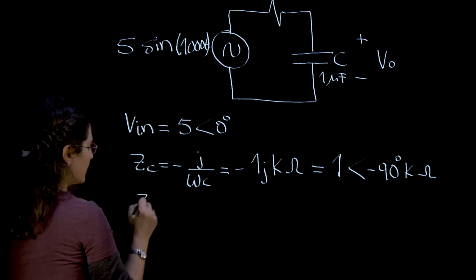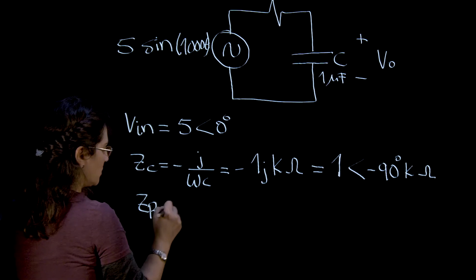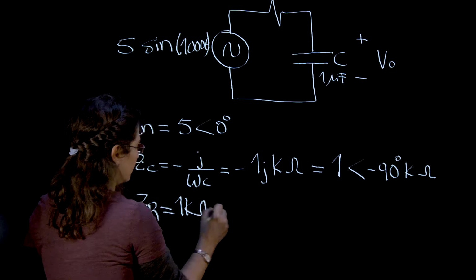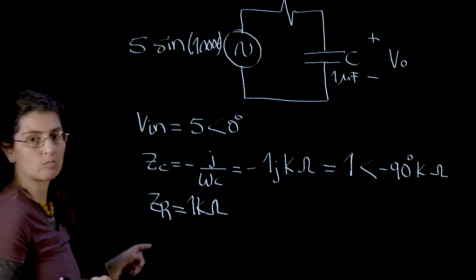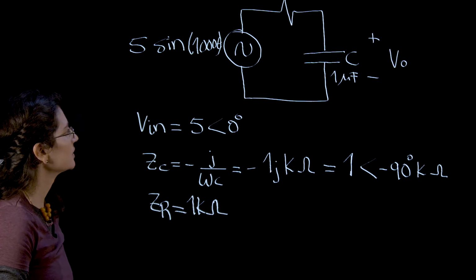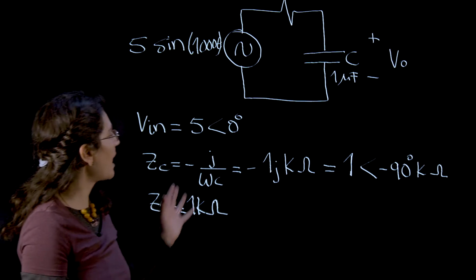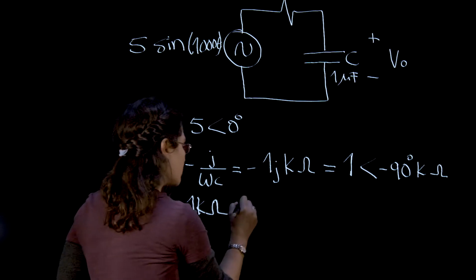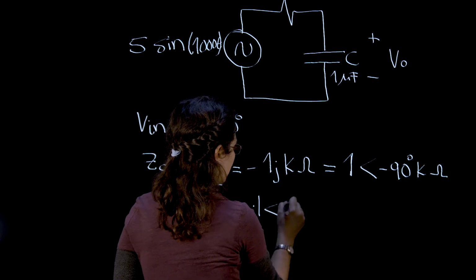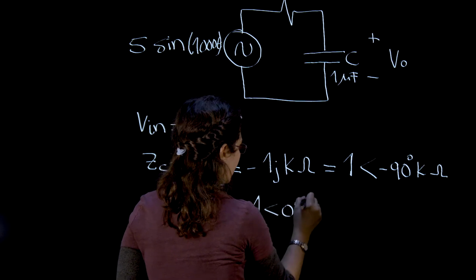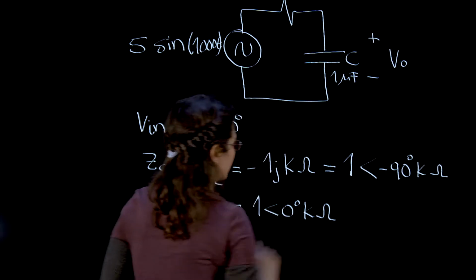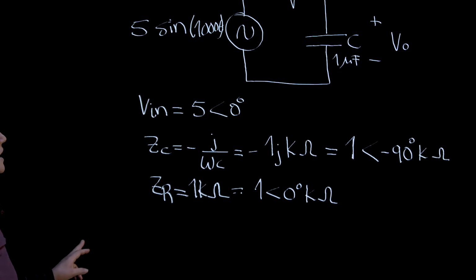And the impedance of our resistance is simply 1 kilo ohm, because it's a normal resistance and its impedance is real. So it's just that number. So the phasor representation of this is 1 at 0 degrees kilo ohms.